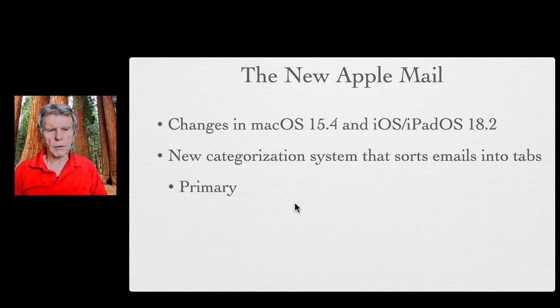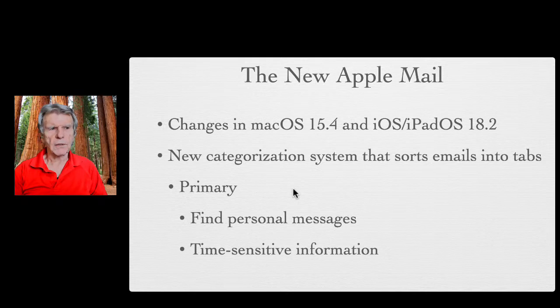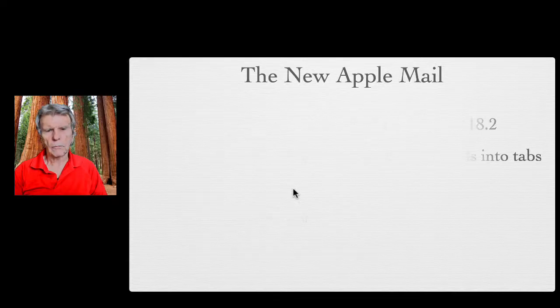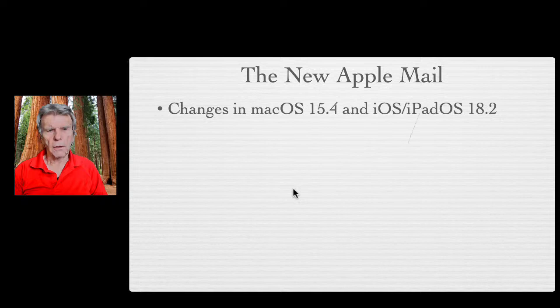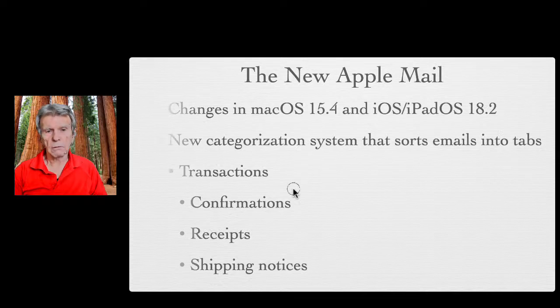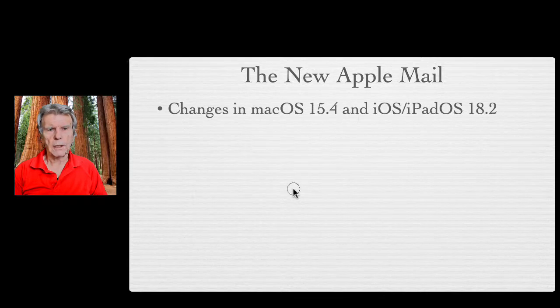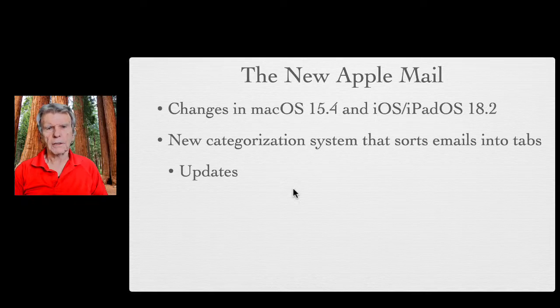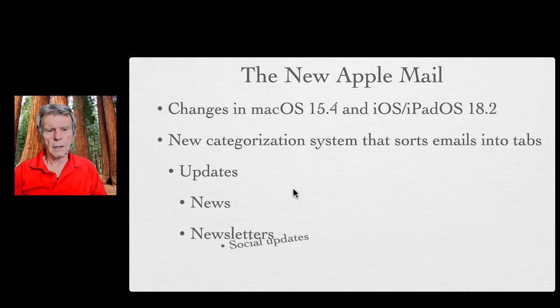So let's look at the primary tab first. That's where you will find personal messages and time-sensitive information. And then we have the Transactions tab, and you'll get confirmations, receipts, and shipping notices. Thirdly, we have updates, which will bring you news, newsletters, and social media updates.